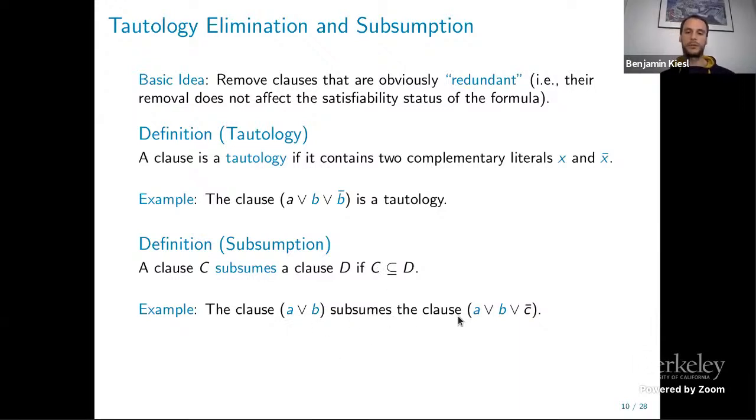So A or B subsumes the clause A or B or not C. And clearly, every assignment that satisfies C, meaning that it makes a literal in C true, must also satisfy D, because it also contains the same literals at least. And therefore, you can throw away the subsumed clauses. Those are very simple techniques, but as I said, they can be very effective.